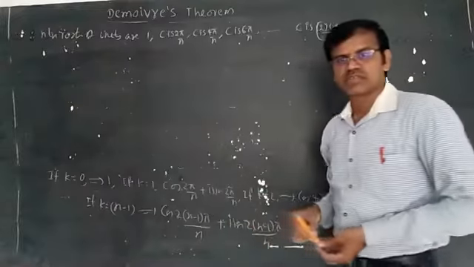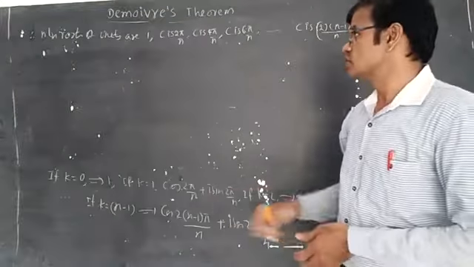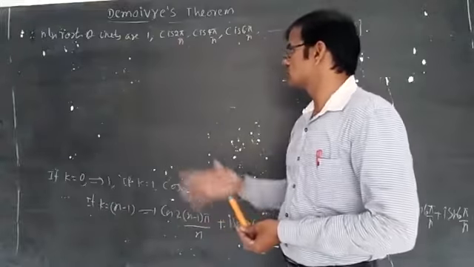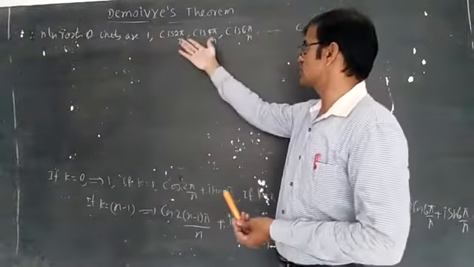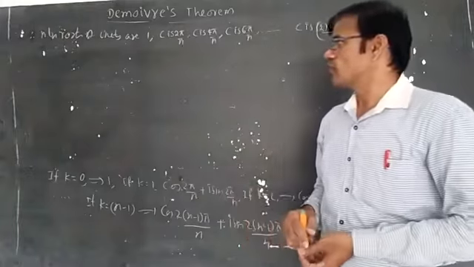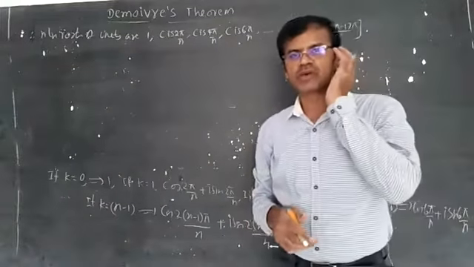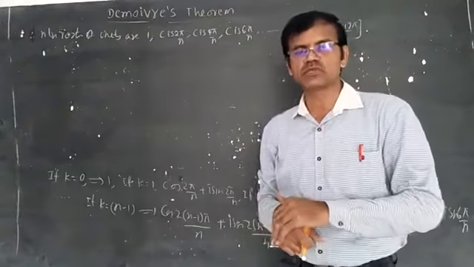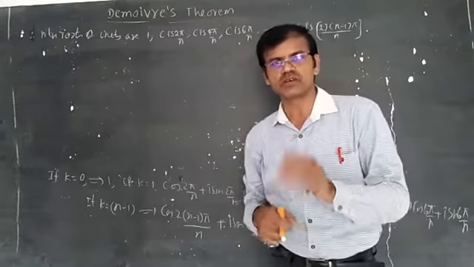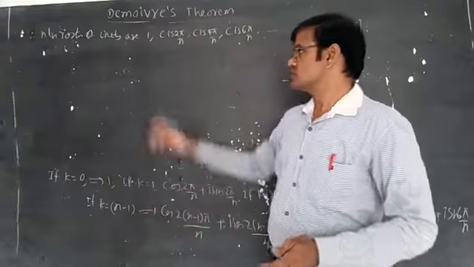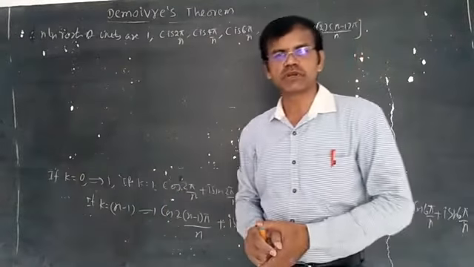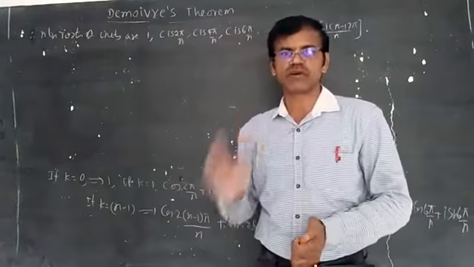So what are you observing? What is the difference between the roots? What is the progression for the roots? 1 into cis 2 pi by n gives cis 2 pi by n. Cis 2 pi by n into cis 2 pi by n. Students, you would understand what I am asking. Cis alpha into cis beta becomes cis of alpha plus beta.